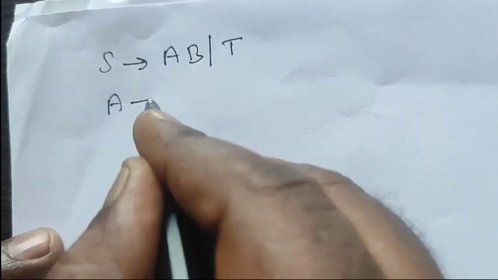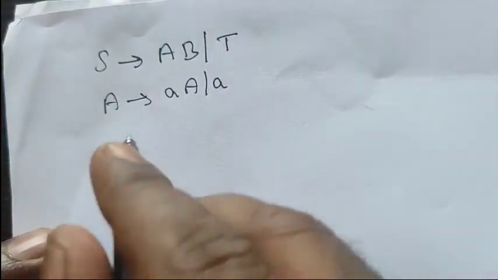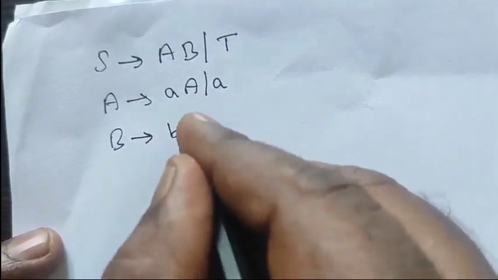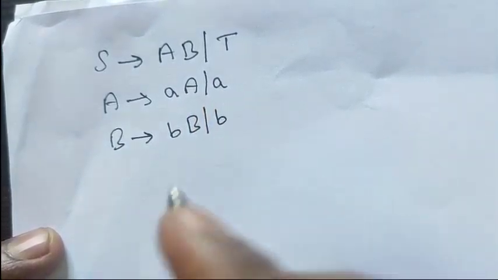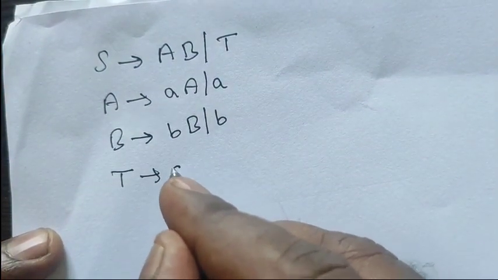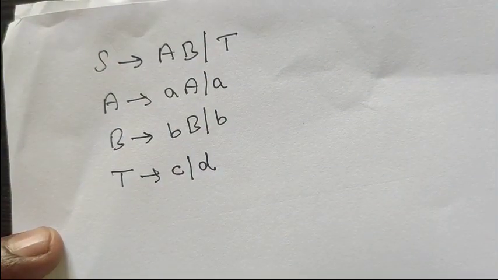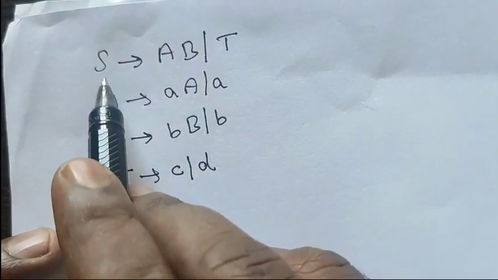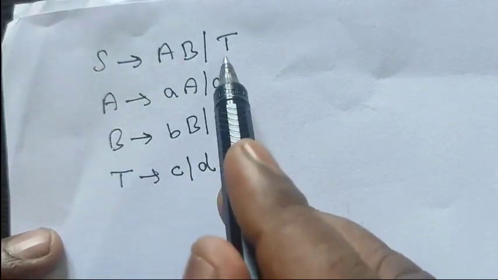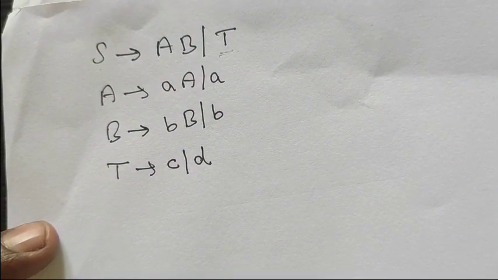A tends to small a, capital A, small a, and B tends to small b, capital B, small b, and T tends to C bar D. Now we can see that out of these productions, only one is a unit production, that is S tends to T, because you have only one non-terminal on the right side.